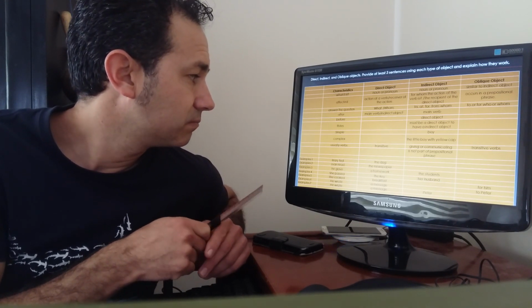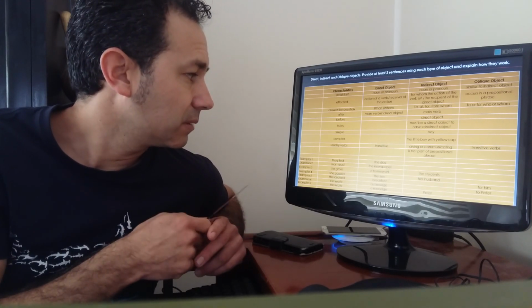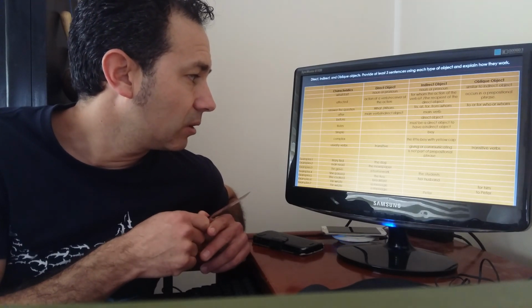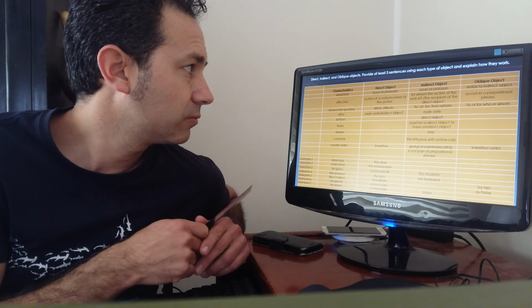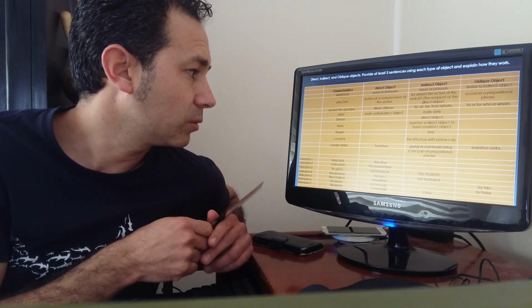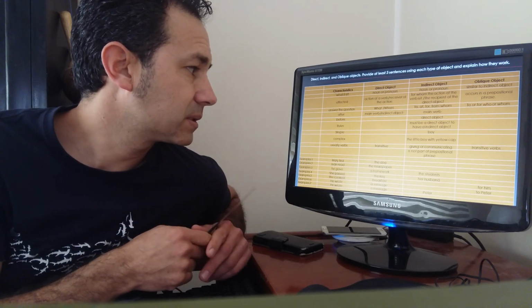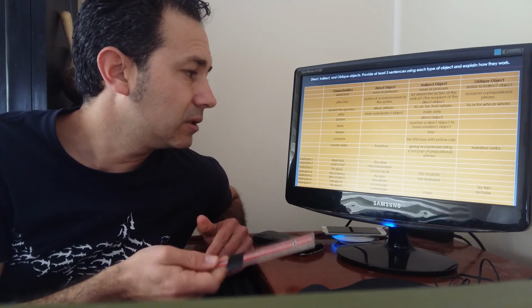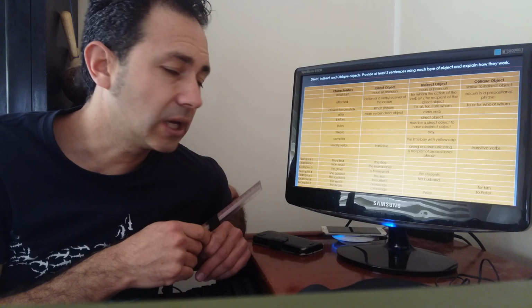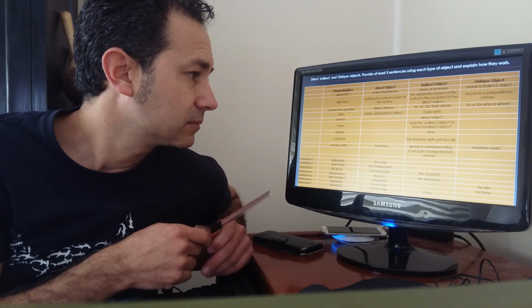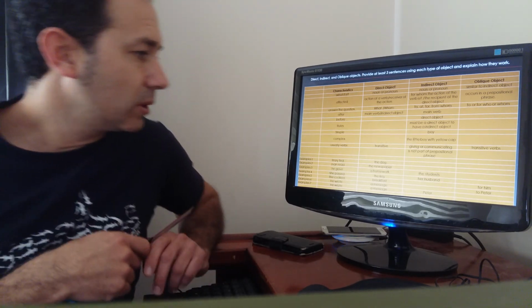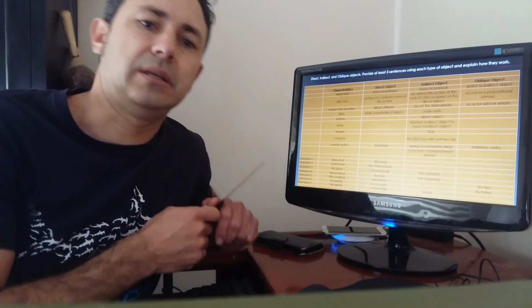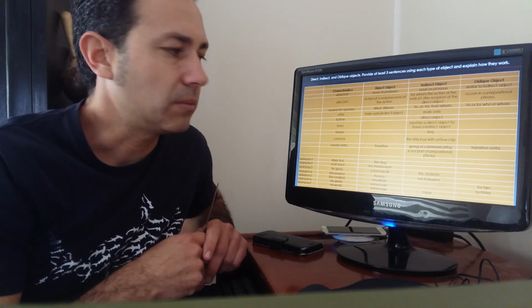Usually, verbs, I put usually verbs, but there always has to be a transitive verb for the direct object, and the verbs with an indirect object will be giving verbs or communicating verbs. Okay, so here we have some examples to check what we're talking about.